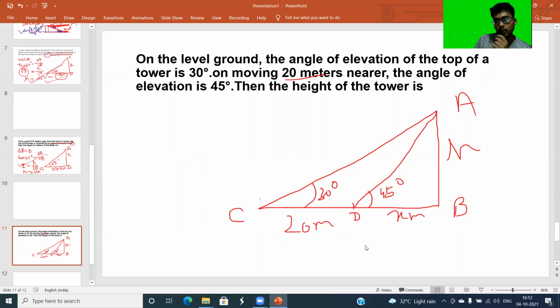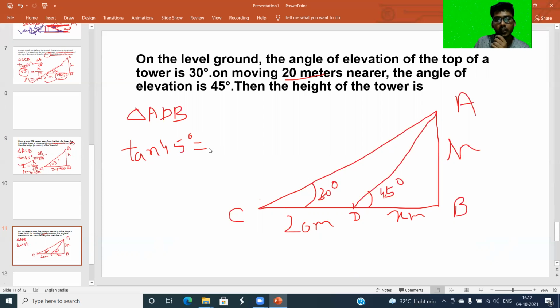Firstly, in triangle ADB, angle ADB is 45 degrees. Why do we take tan 45 degrees? Because the base is given.